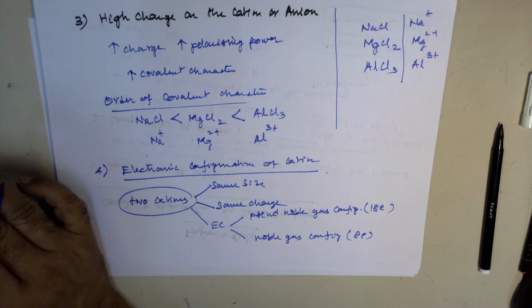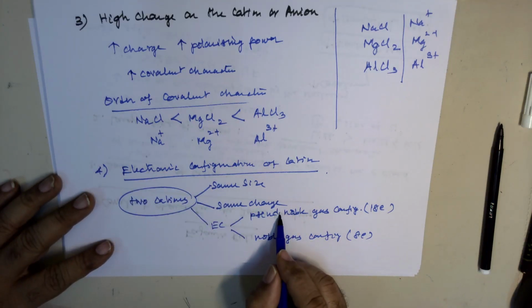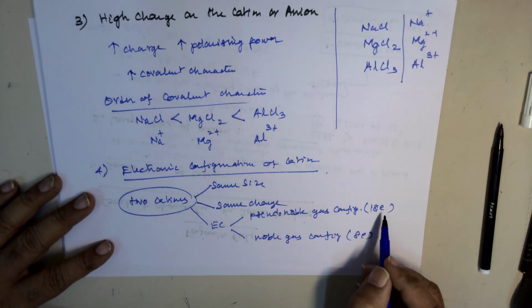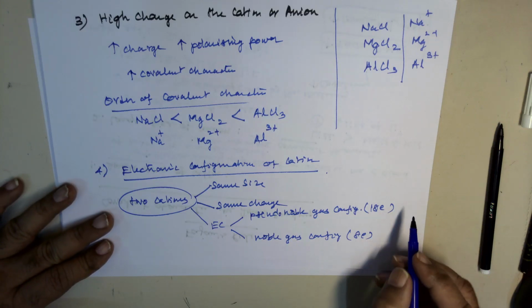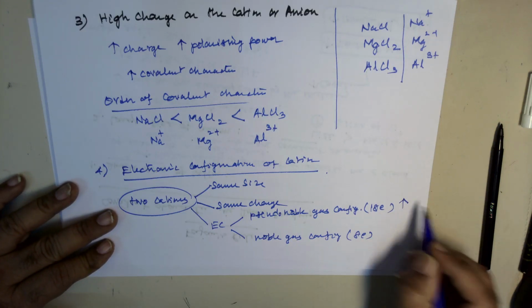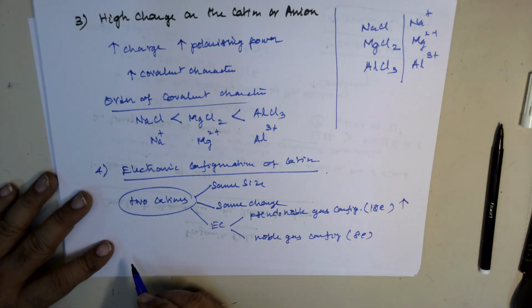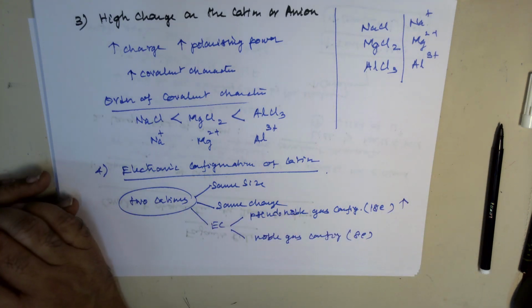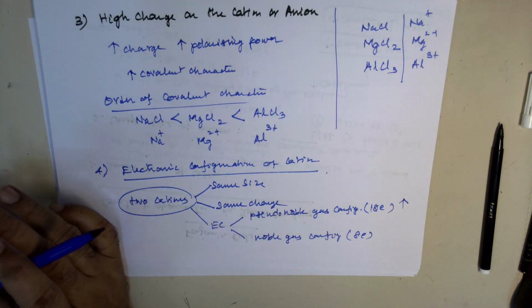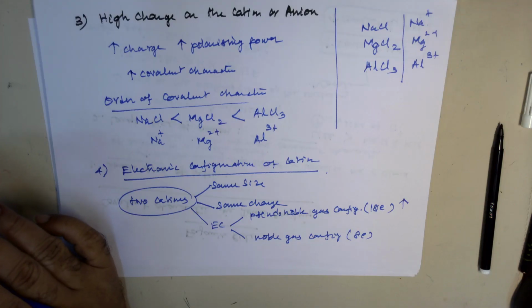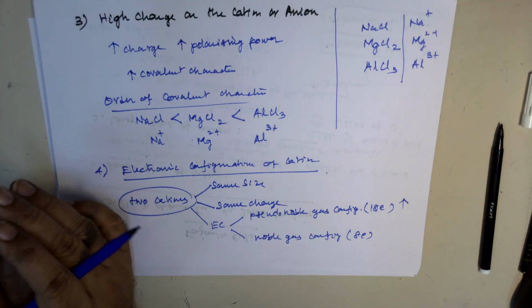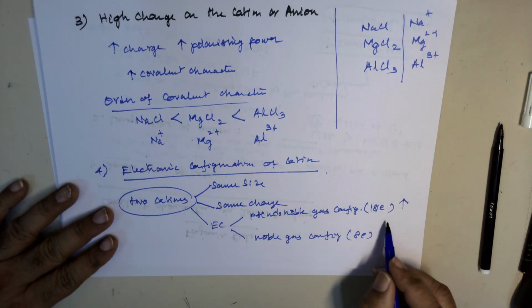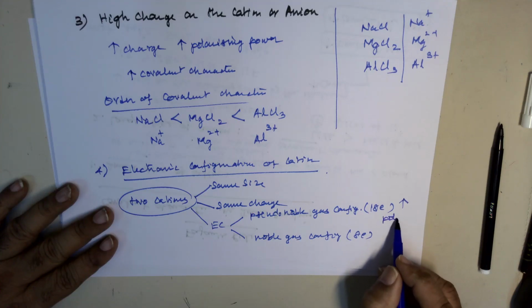In that case, the pseudo noble gas configuration with the 18 electron system will have more polarizing power, that is more polarizability, greater polarizing power. You can call it greater polarizing power.